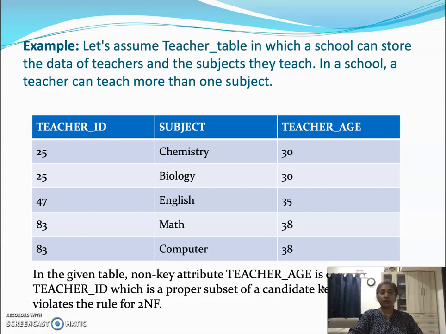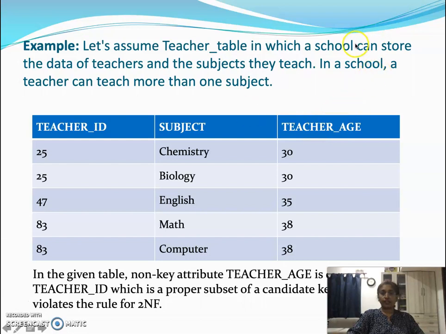Let me explain with an example here. Let's assume a teacher table in which a school should store the data of teachers and the subjects they teach. In a school, a teacher can teach more than one subject. Here the teacher ID is there, subject is there, and teacher age is there.